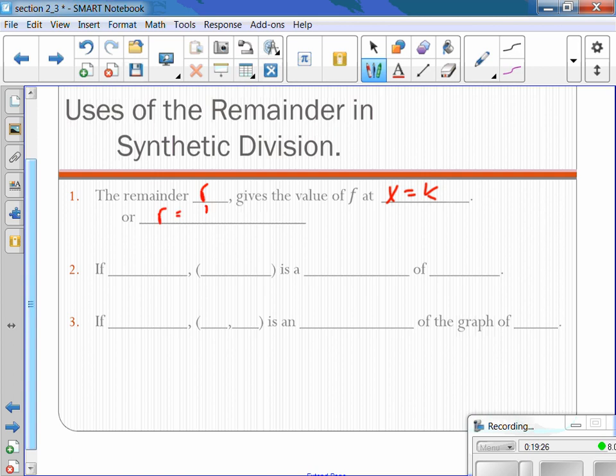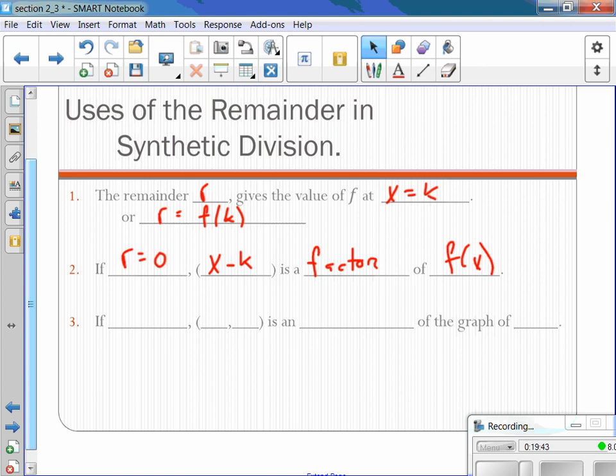Or if our remainder is equal to 0, we also know that x minus k is a factor of f of x. And also, if we have that remainder of 0, we also know that k, 0 is an x-intercept of the graph of f. Again, this is why we use synthetic division.